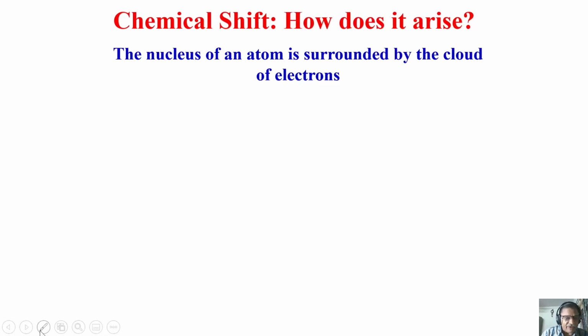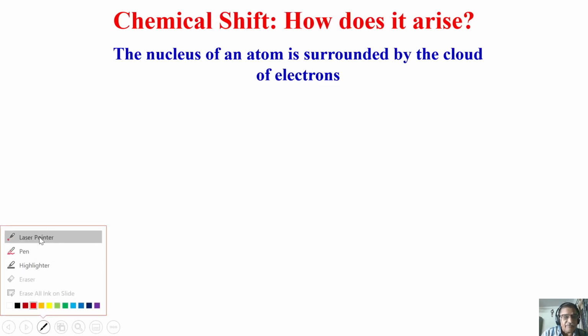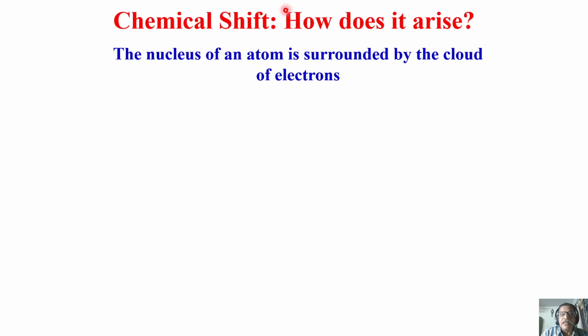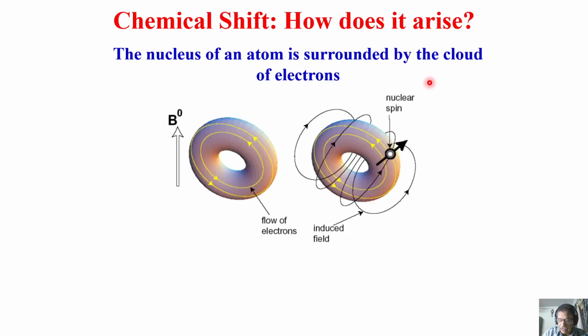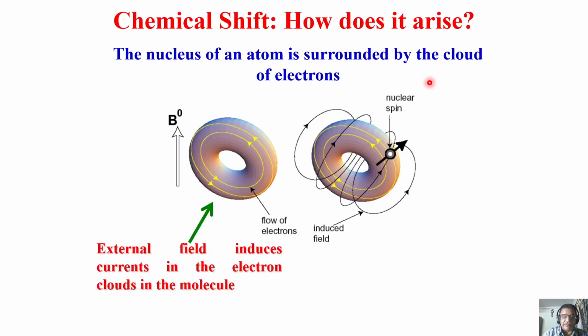First of all, chemical shift, how does it arise? The nucleus of an atom is surrounded by electron clouds. Please remember that. It is not a bare nucleus. So two interesting phenomena take place simultaneously. When you put the molecule of your interest in the external magnetic field, there is a very big magnetic field.